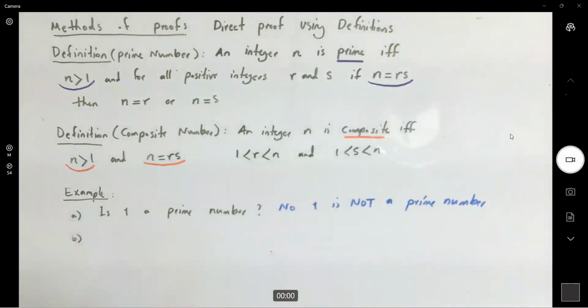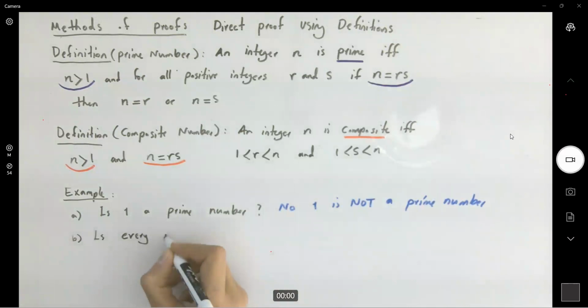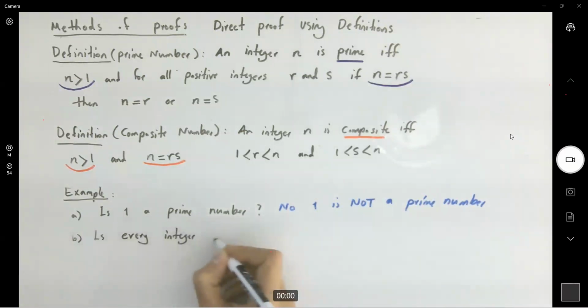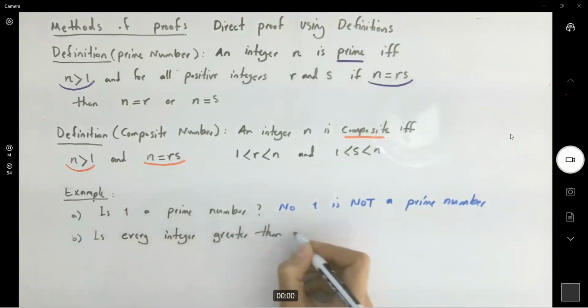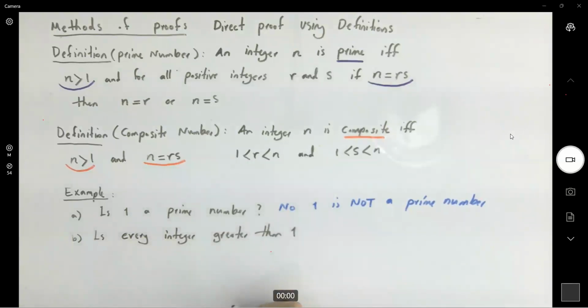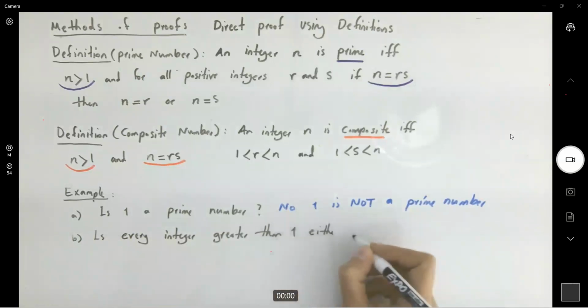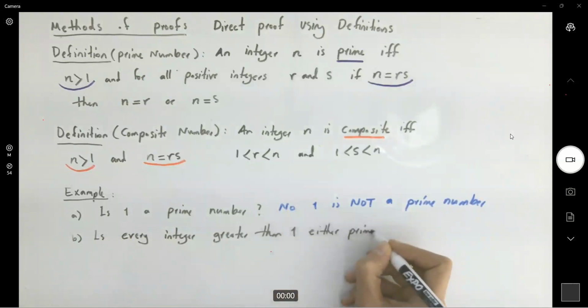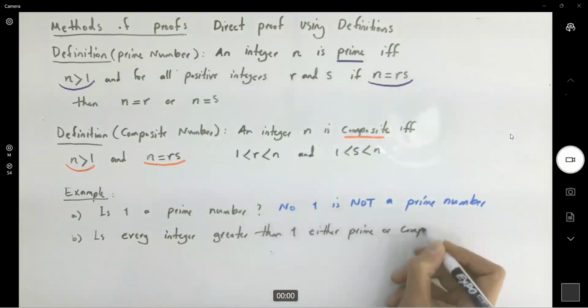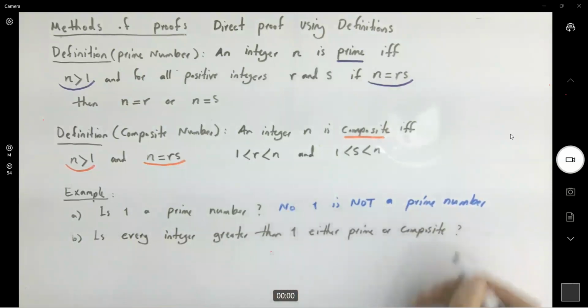B, is every integer greater than 1 either prime or composite? The answer is definitely yes.